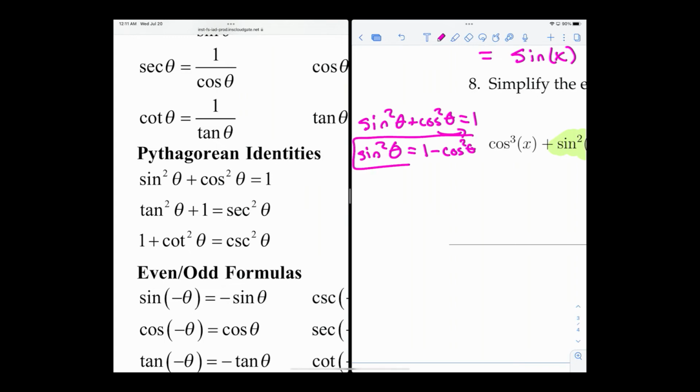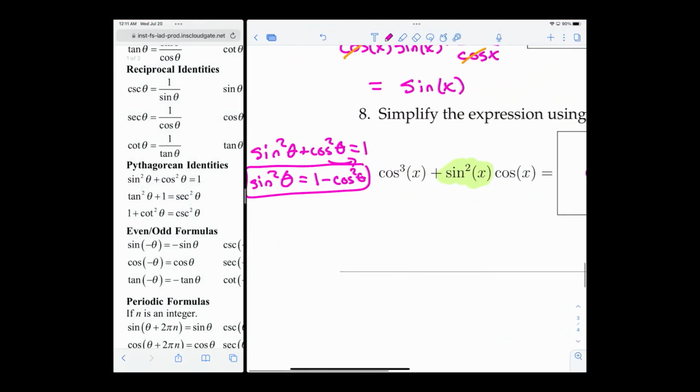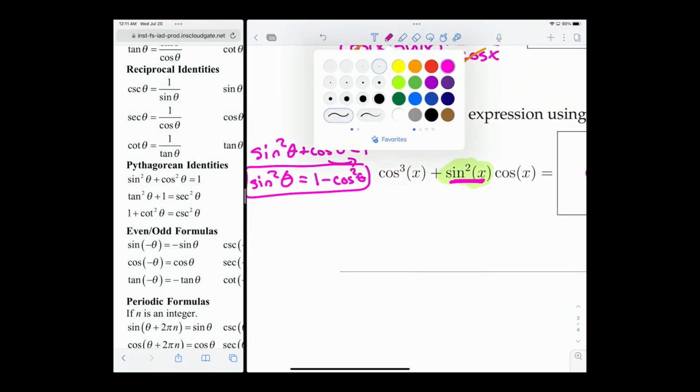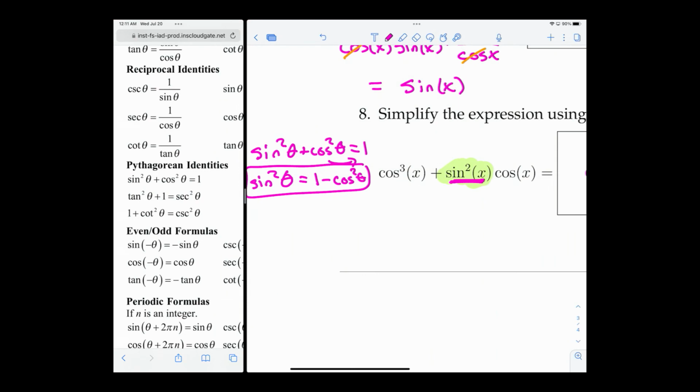Then you can substitute that in for this sine squared. If you do that, you will have cosine cubed plus parentheses, I'm going to replace that sine squared with 1 minus cosine squared, and then I've got a cosine x.